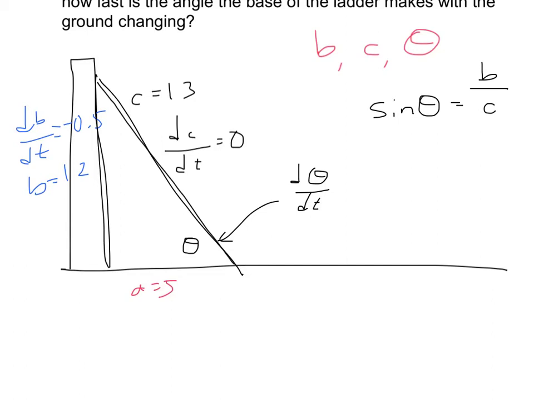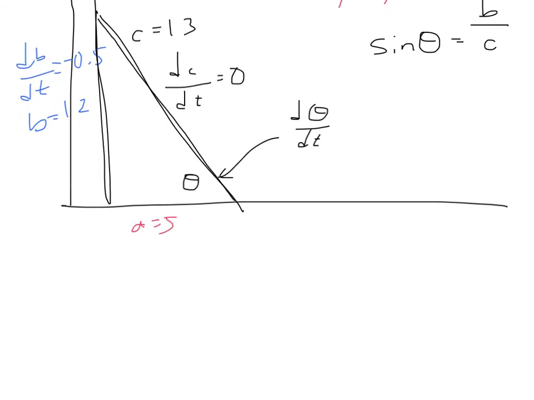Right? So now how do I go through and actually do this problem? How do I solve this thing? Well, I'm supposed to take this equation and I'm supposed to take the derivative with respect to t. Right? So when I take this derivative with respect to t, the left-hand side will give me cosine theta times d theta/dt equals.